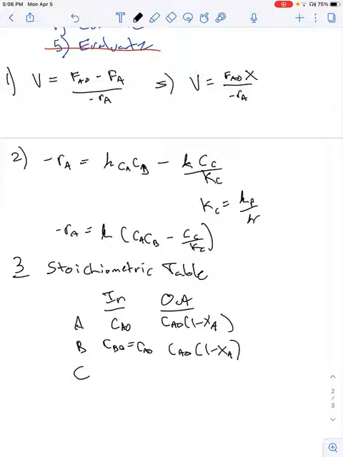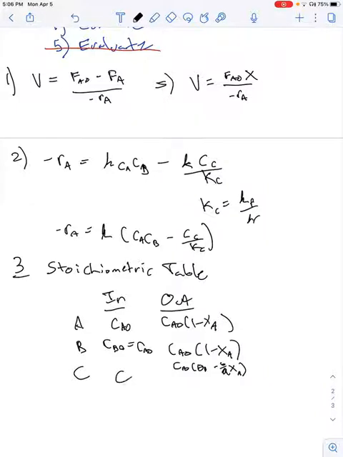Because they're 1-to-1, theta B equals 1. Otherwise, it would be CA0 times theta B minus B over A times XA. But in this case, B and A both equal 1, theta B equals 1. So that's how you get that.